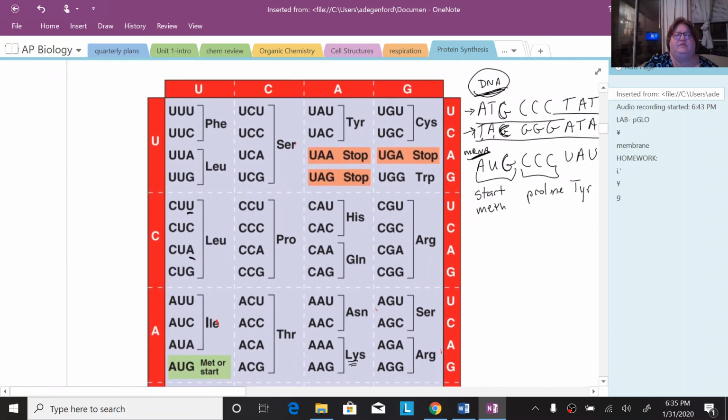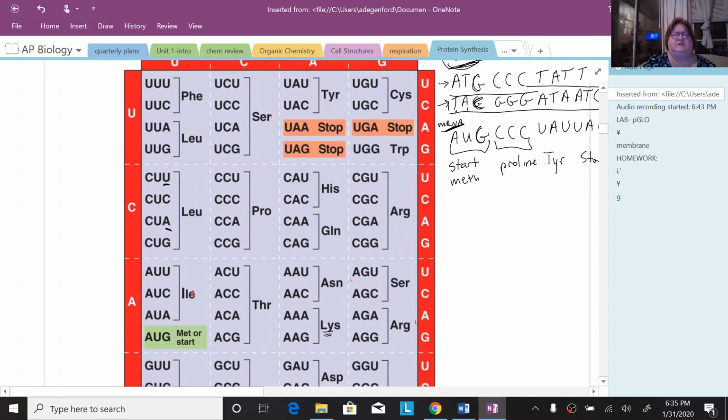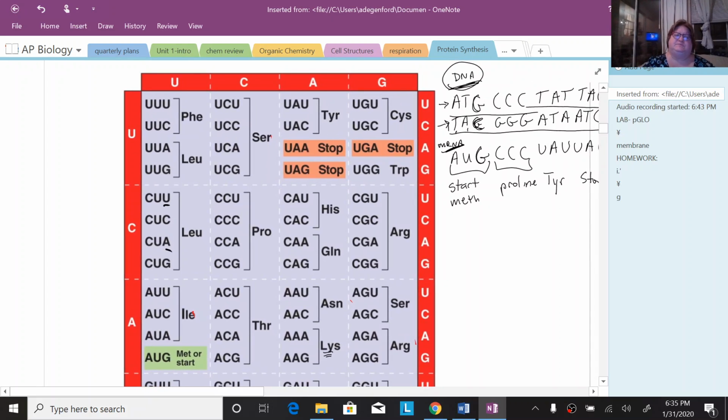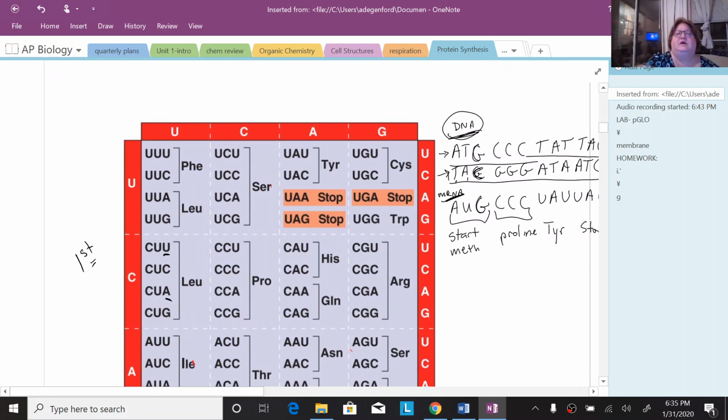In this one, you're just seeing the abbreviation. But if you recall the way it works, you have the first nucleotide of the codon over on the left, and then you have a second nucleotide on the top row, and then all of these are the third nucleotide.